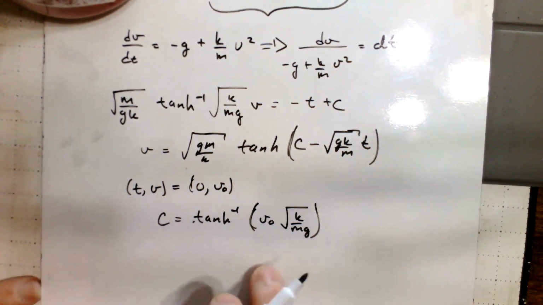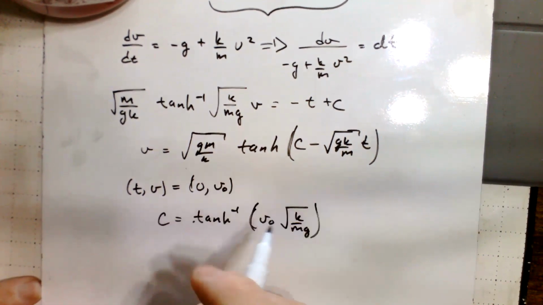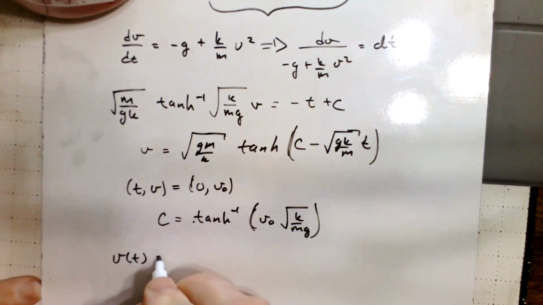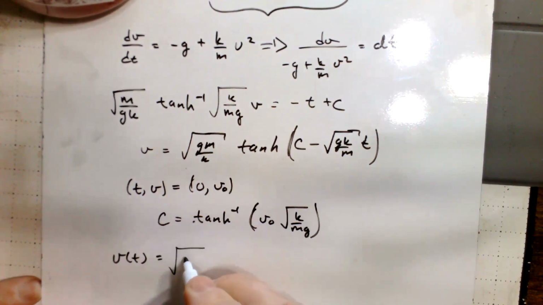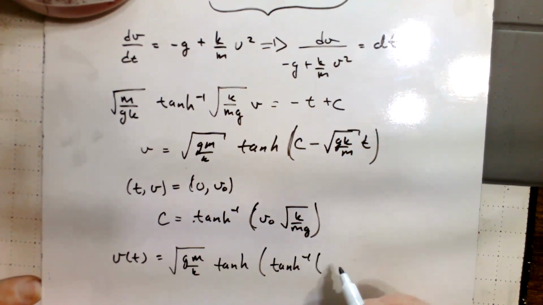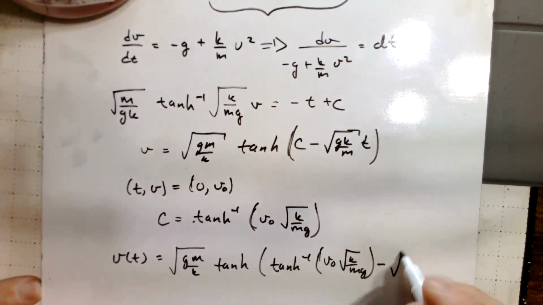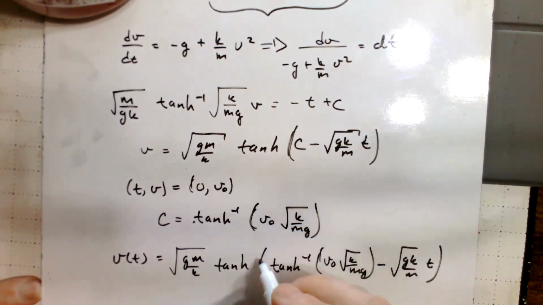Finally, putting everything together, assuming these initial conditions are true, v of t is going to be written as the square root of g m over k times tanh of tanh inverse of all that loveliness, v naught square root of k over m g, and then minus the square root of g k over m times t.